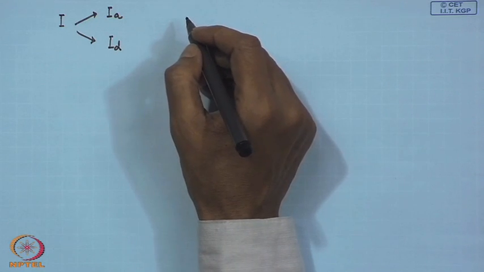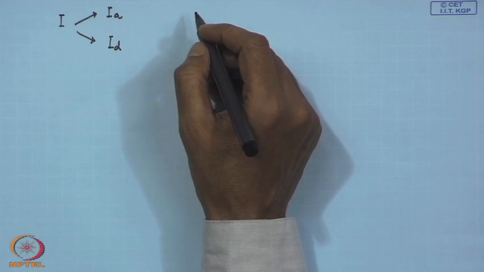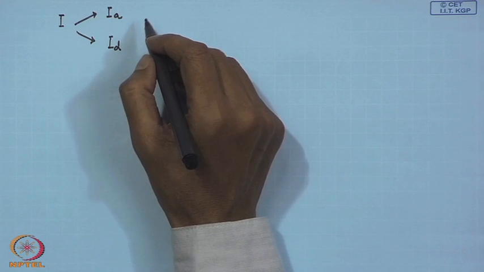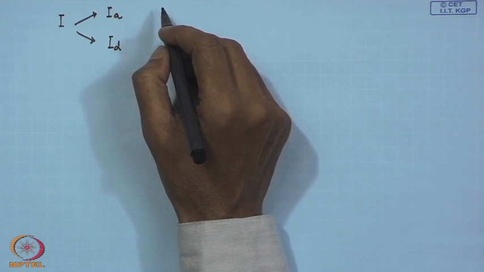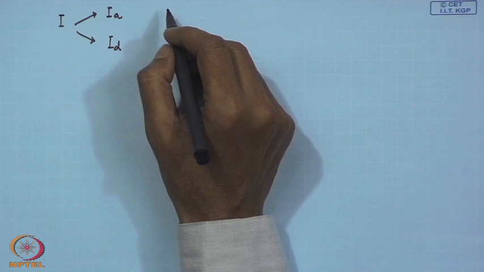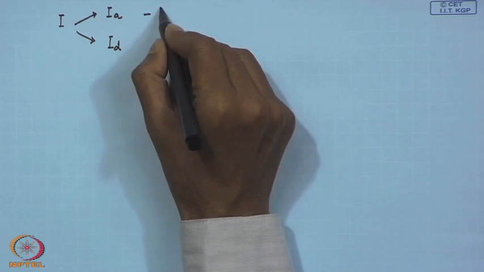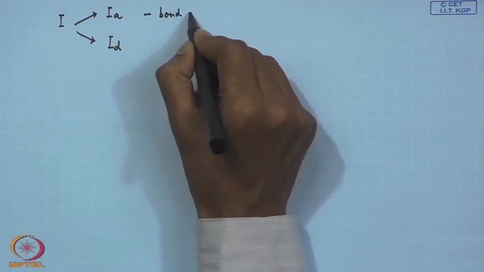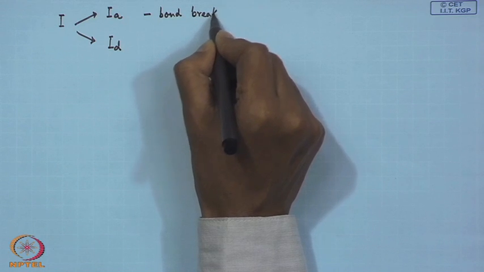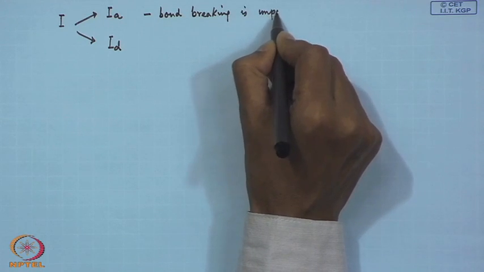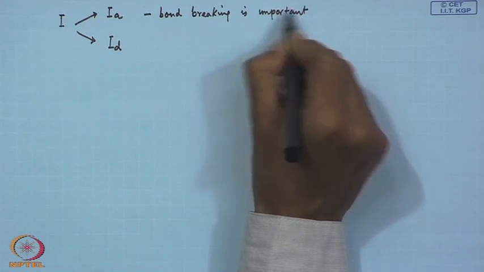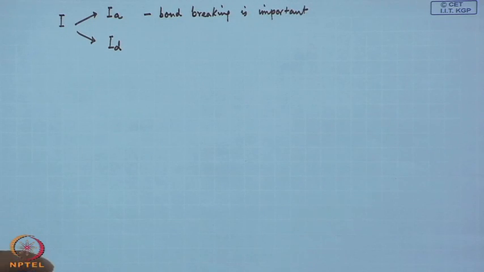So, dissociative interchange and the associative interchange. The associative interchange takes place if the breaking of the bond between the leaving ligand and the metal is important. So, bond breaking is important in this particular case.